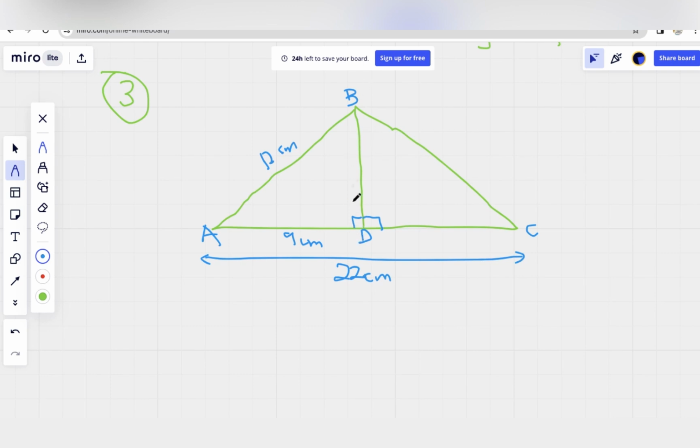So since we know that, to find here, we will say AD square plus BD square equal to AB square, equal to the longest side. Okay, this side plus this side equals to this side.